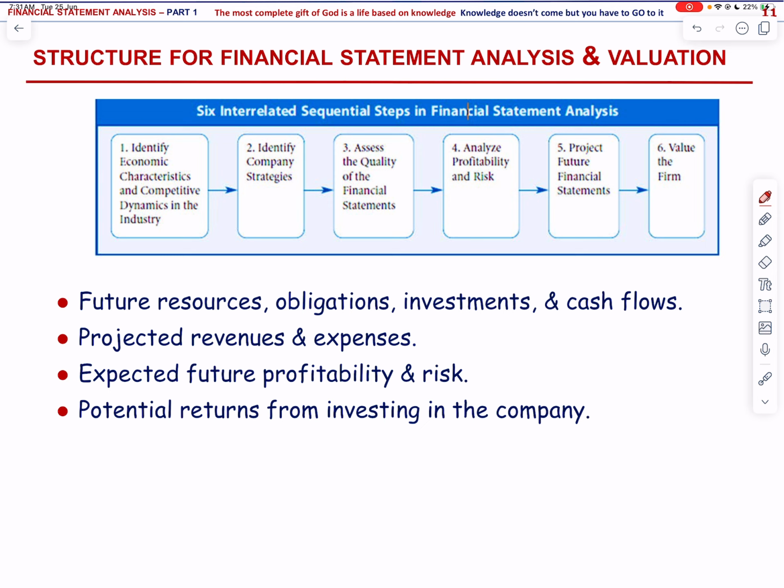The fifth step is project future financial statements. So, future resources, obligations, investments, and cash flows are what we are going to analyze over here. Projected revenues and expenses, expected future profitability and risk, potential returns from investing in the company.